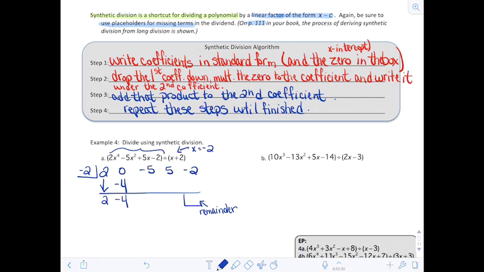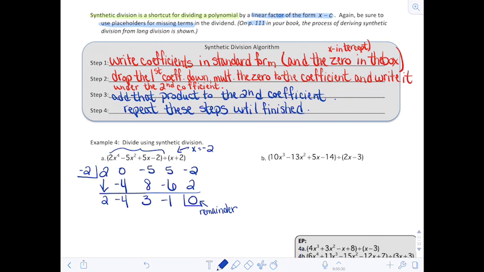So negative 2 times negative 4 is 8. I'm going to write that under negative 5 and add, I get 3. 3 times negative 2 is negative 6, goes underneath the next number. I add, I get negative 1, and negative 2 times negative 1 is a positive 2, and I get a remainder of 0. So I've divided.